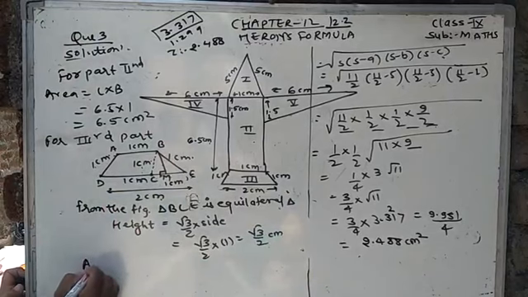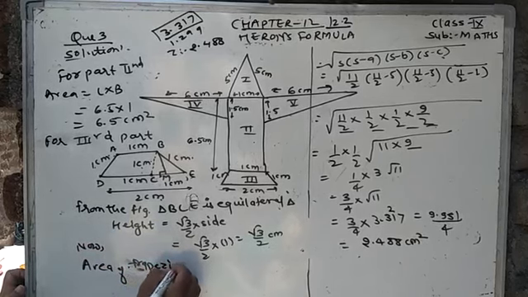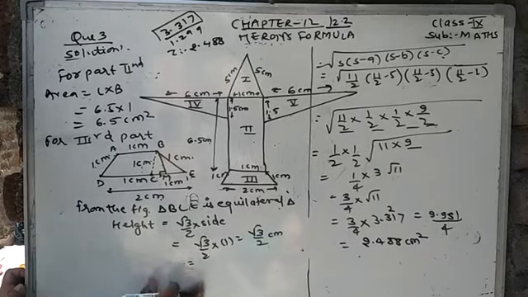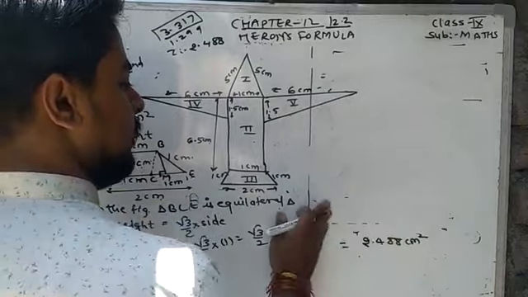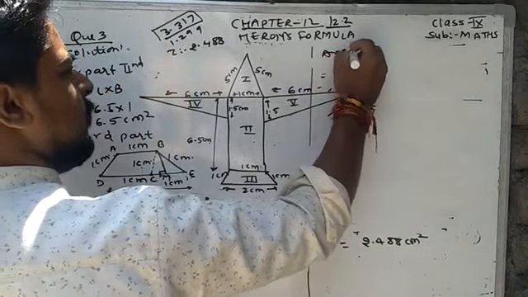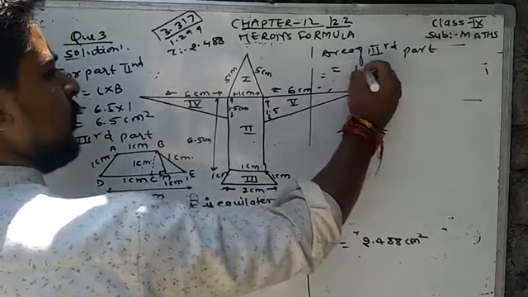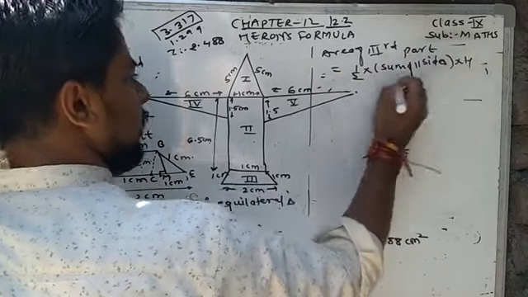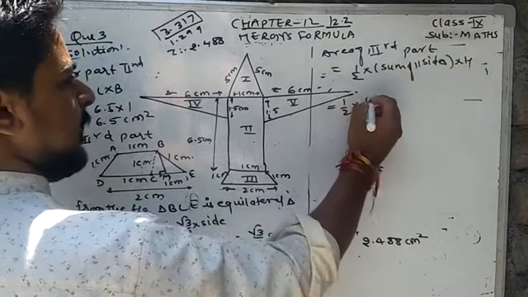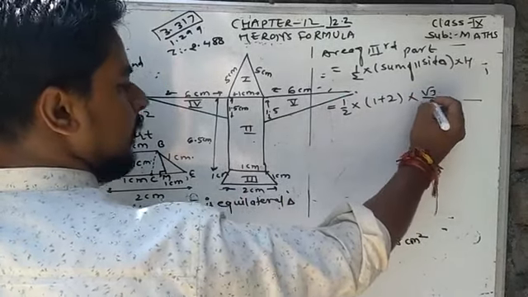So we can calculate the area of the trapezium. Area of the third part is equal to 1/2 into sum of parallel sides into height. 1/2 into sum of parallel sides, which are 1 and 2, so 1 plus 2, multiplied by √3/2.